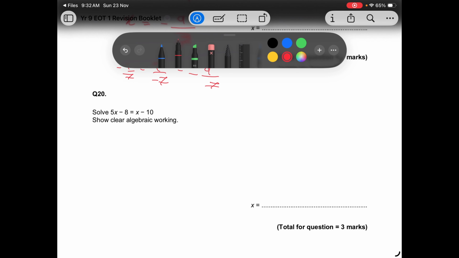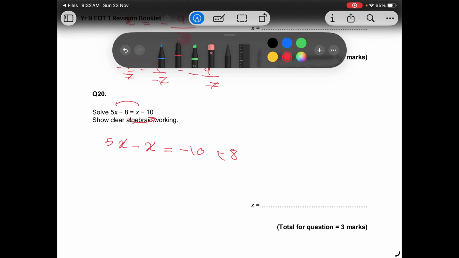Here, students, we can rearrange the terms by moving x here, so it will be like this: 5x minus x equals minus 10 plus 8.